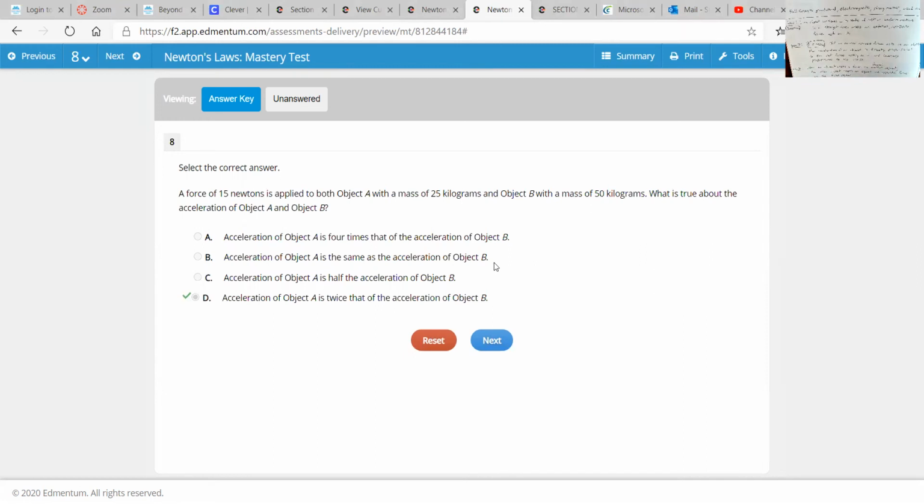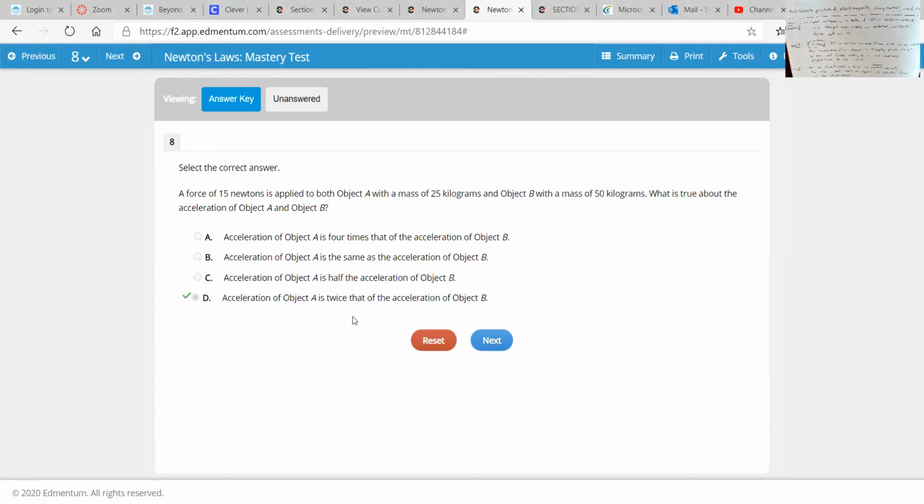Number 8, a force of 15 newtons is applied to both object A with a mass of 25 kilograms and object B with a mass of 50 kilograms. What is true about the acceleration of object A and object B?